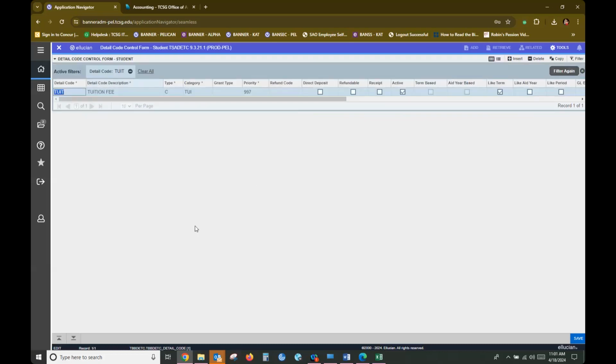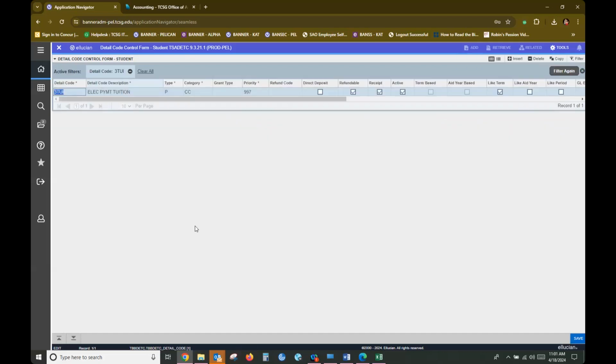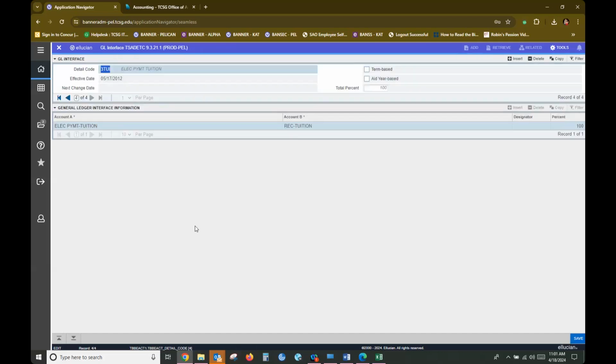So now if we go back and we look at 3 TUI, this is a payment. So if we go look at the GL information, this one says electronic payment tuition and receivable tuition, right? So that's why I say we can't really tell you what this should be and what it shouldn't be.